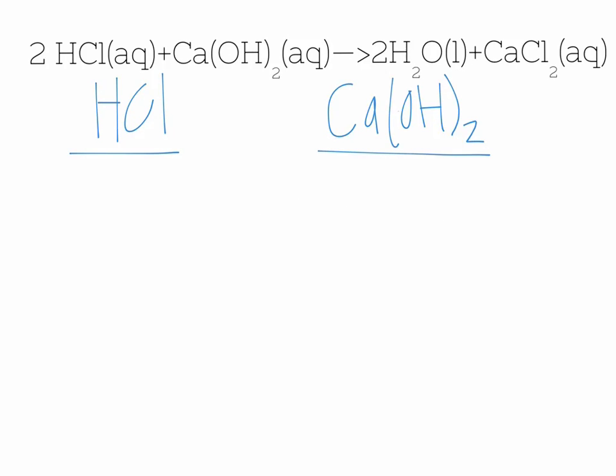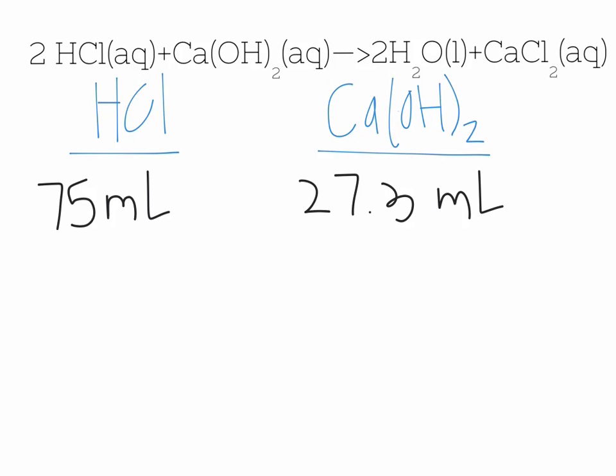We know that we have 75 milliliters of hydrochloric acid and 27.3 milliliters of calcium hydroxide. And calcium hydroxide has a concentration of 0.157.